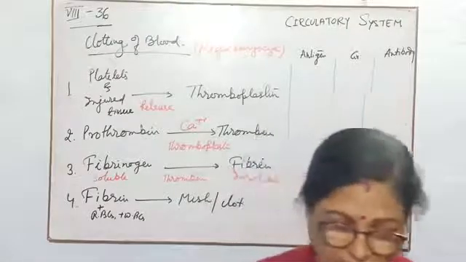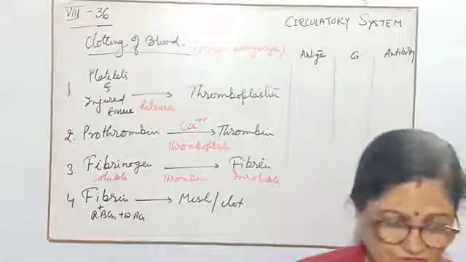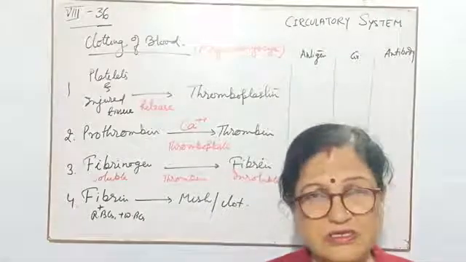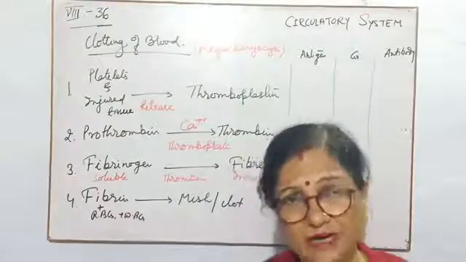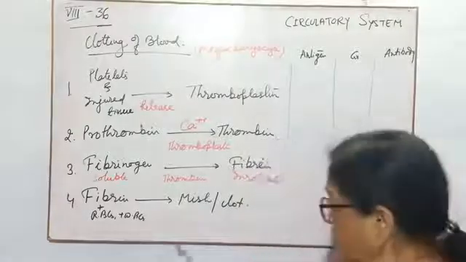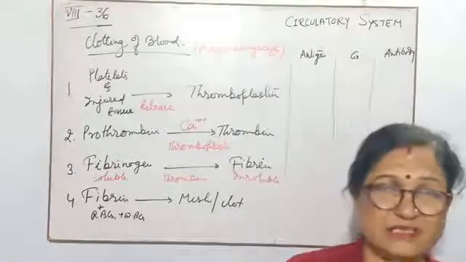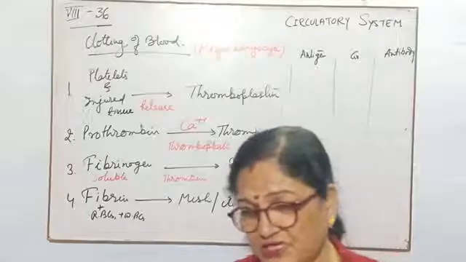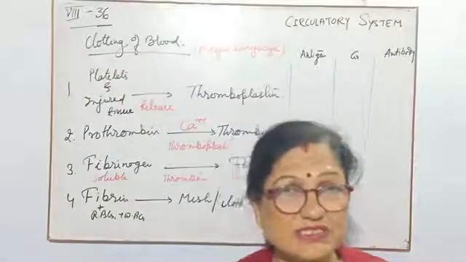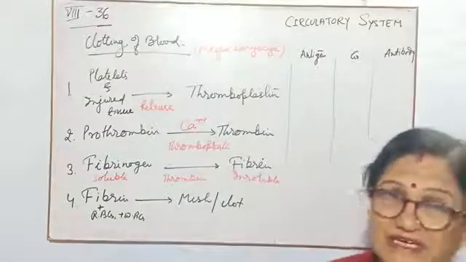See children, after clotting, when you again snatch it or take it out, the blood starts to come again, because the clot is only on the upper surface. Inside it, no formation of new cells has taken place yet, so it will take time.